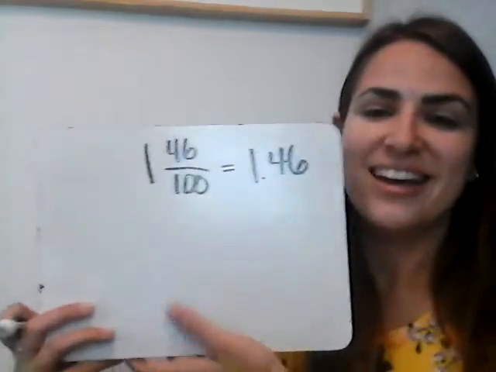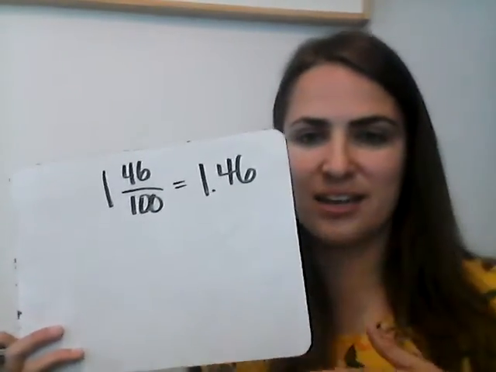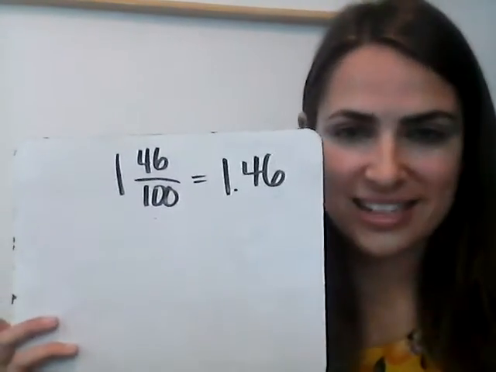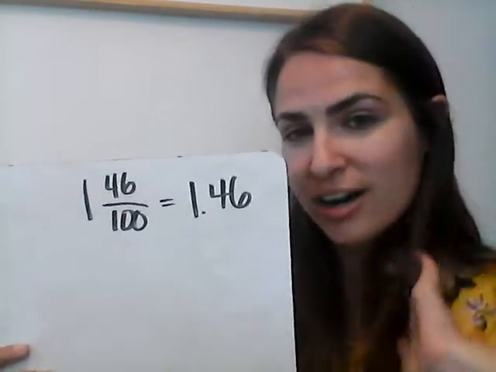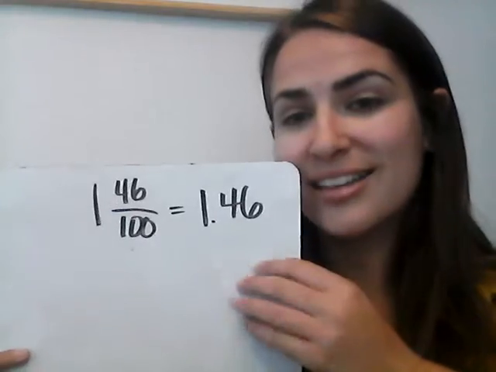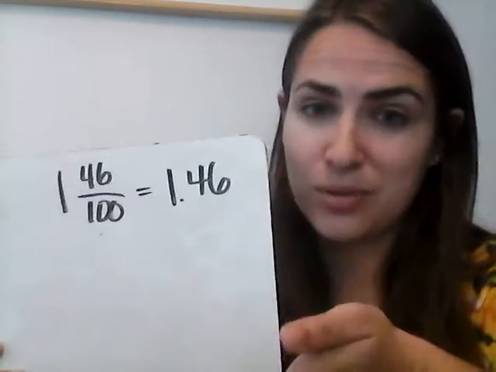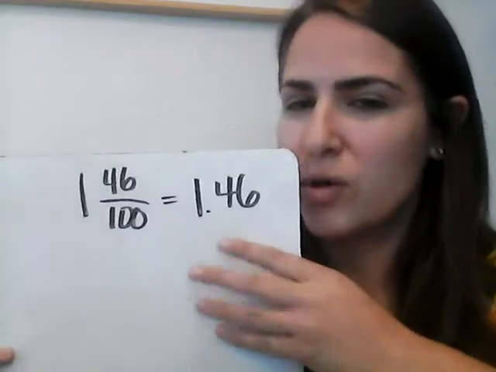All right, you guys. So now that we've seen our equivalence between hundredths and tenths, I want you to explore how we can use number lines to represent decimals and fractions, but focusing on our decimals.